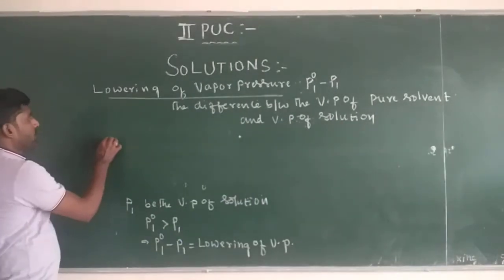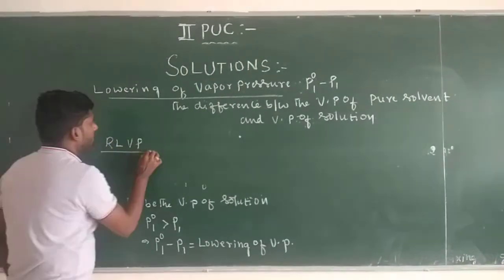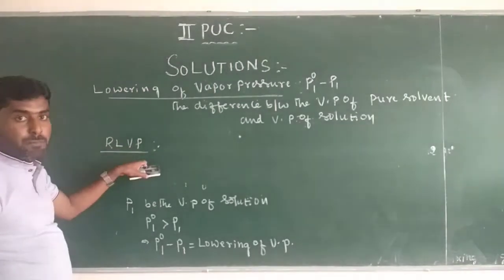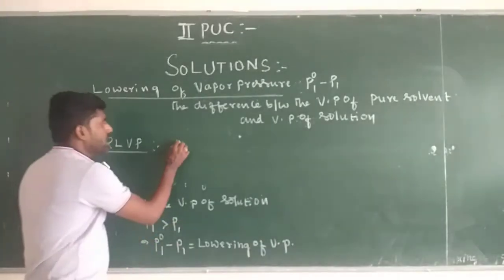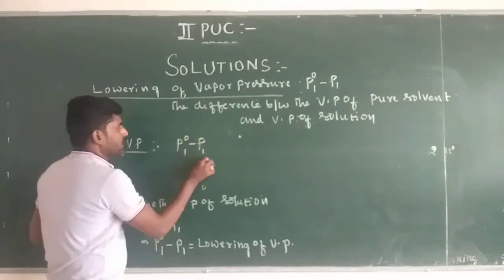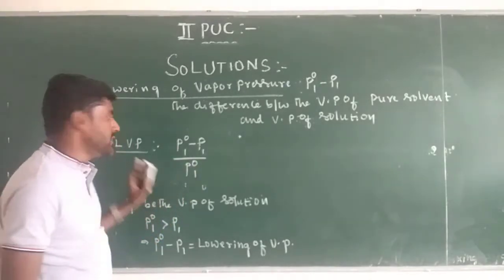Relative lowering of vapor pressure is the ratio of lowering of vapor pressure to the vapor pressure of pure solvent.